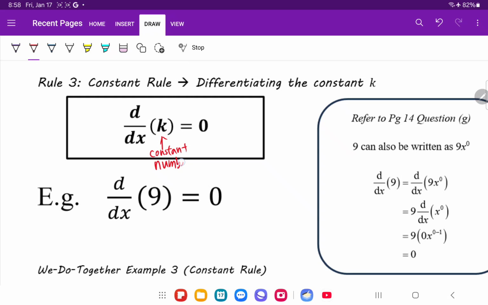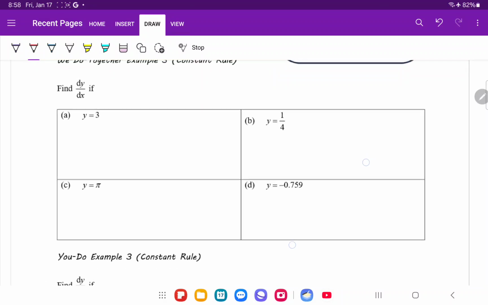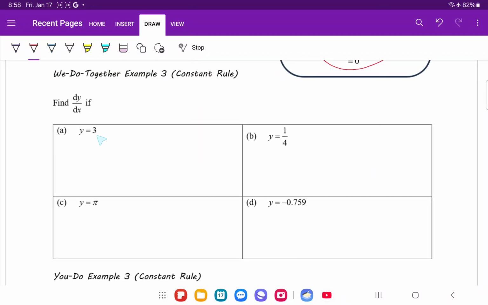Now, there is no x involved, so the dy dx must be 0. Okay? The full working is this. But by now, you should know that it is 0, so I'm not going to go through the long steps anymore. And by the way, do you realize, for example 3, all are constant numbers, even the pi, constant? Yeah. Without any questions asked, dy dx is 0.